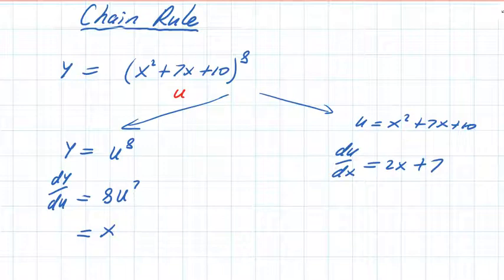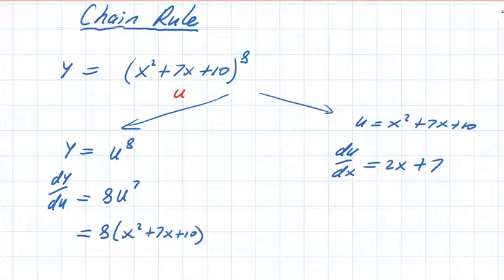So it's now x, so it's 8 times, sub back in the u again at this stage, x squared plus 7x plus 10 to the power of 7. And so now u has become this, basically. It's back to what it was in the first place. Once you've differentiated, which was a hard step, now you're back to where you were again. So there's the answer.